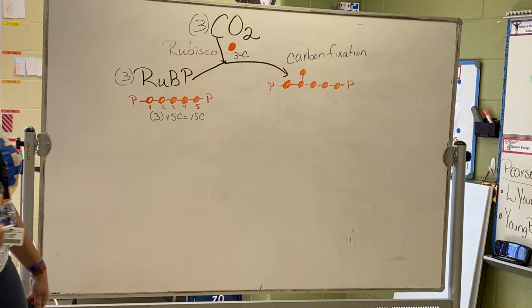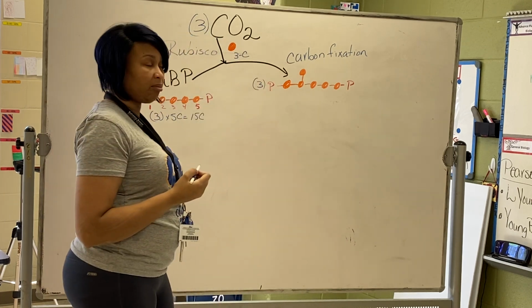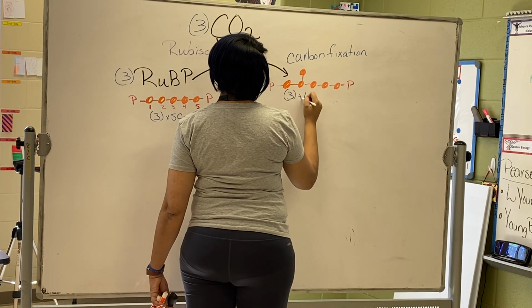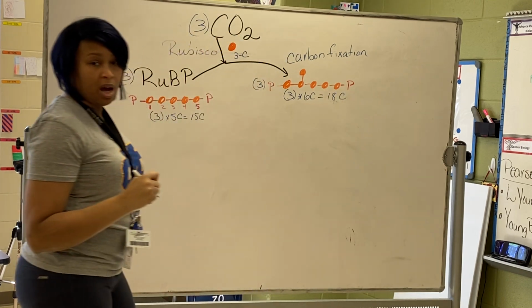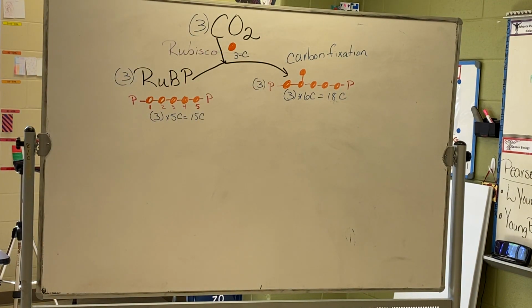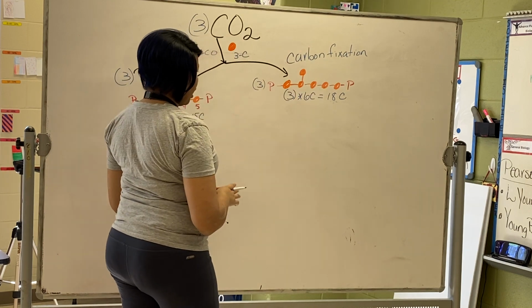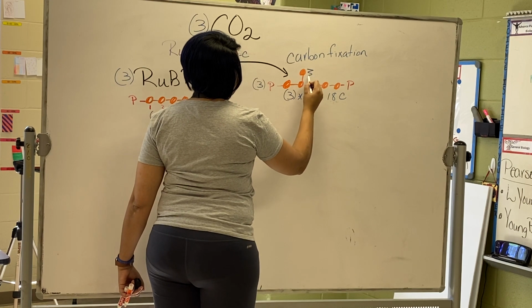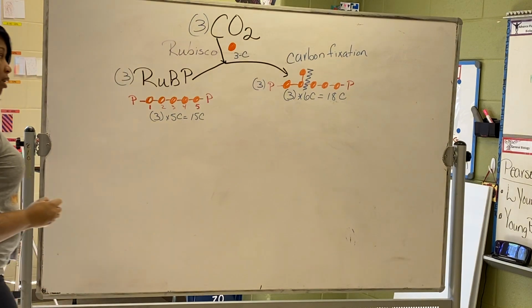Now, since I did this 3 times, that also means I have 3 of these guys, right? So here I have 3 times 6 carbons, which gives me a total of 18 carbons. I'm going to drop out a 3 carbon compound, so I had to add in 3 carbons to do that. Now, this 6 carbon compound is actually going to be broken in half, okay?